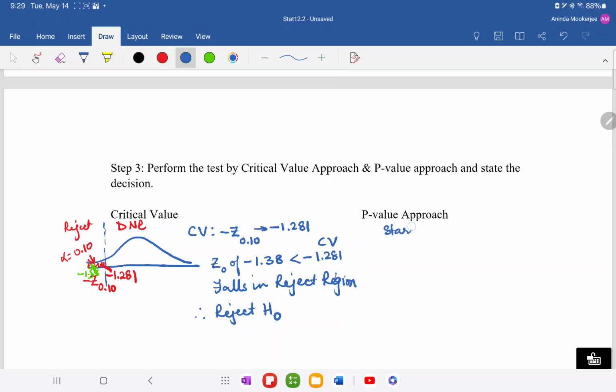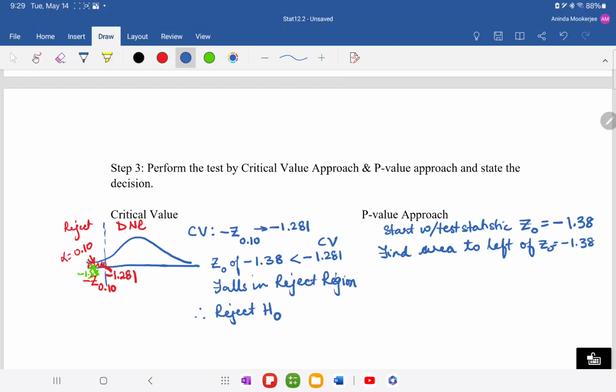For the p-value approach, we start with our test statistic value, z sub 0 equals negative 1.38. So find the area to the left of z sub 0 equals negative 1.38, just because this is a left tail test.